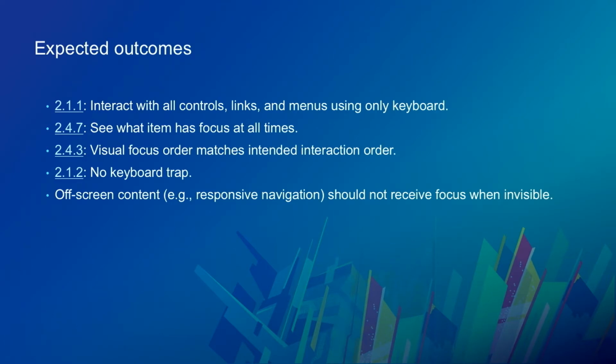Typically you'll see a blue bounding box around the thing that's selected, or sometimes on Google, you might see a little dark gray line that shows up. So between that, you should see some type of indication that highlights that you are selecting that particular element in the page. You do not want to have a keyboard trap. I can't explain that enough. If you are doing testing, you'll probably find the frustrations.